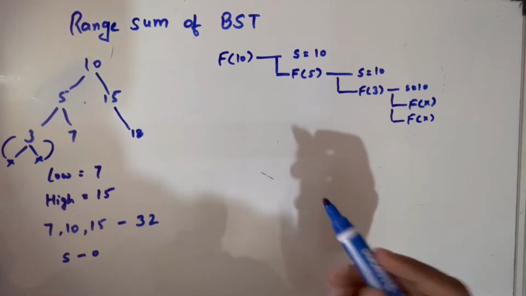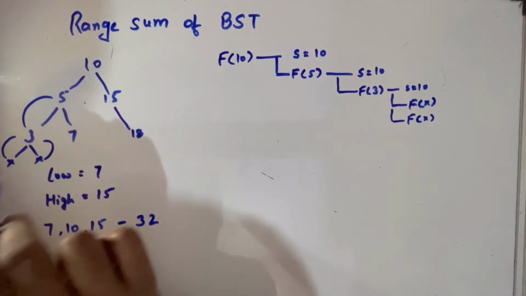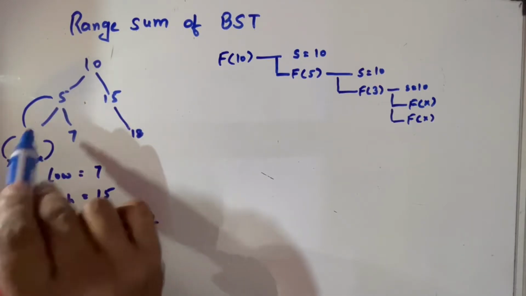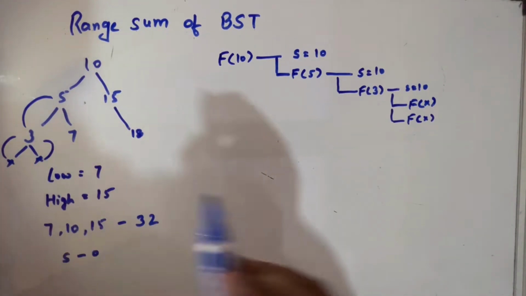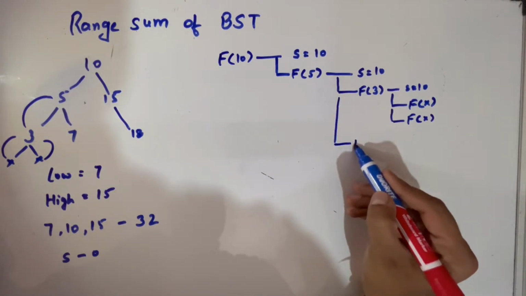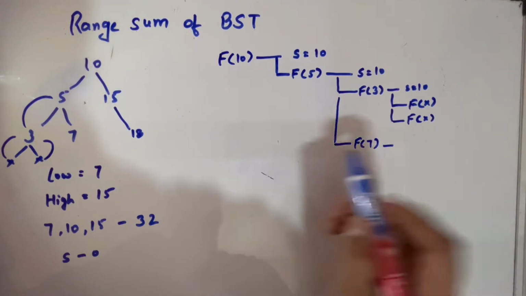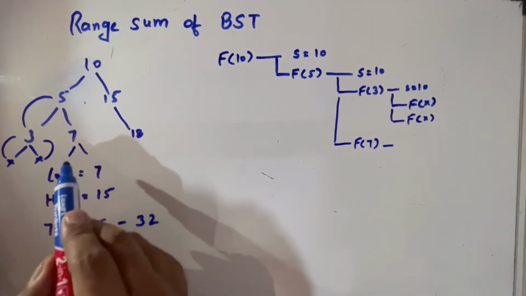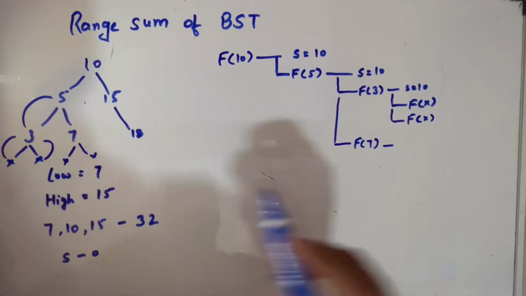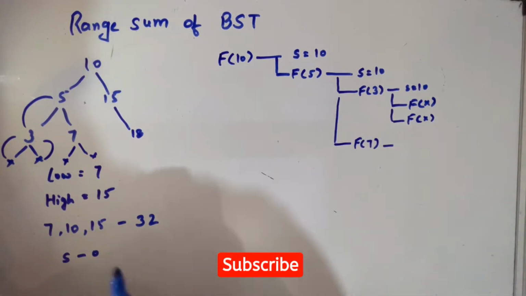Okay, now the call will come back to 5 again, and now 5 will check that the left portion is complete. Now the right portion needs to be executed, and now it will make a call for 7. And similarly friends, now again 7 has null and null. So first it will check whether 7 is in between this range or not. Yes, it is greater than or equal to 7.